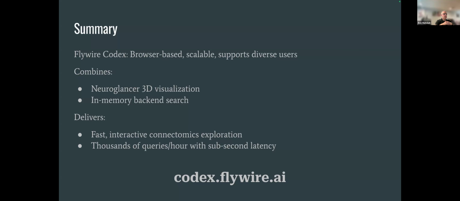There is no bottleneck of a centralized database. That's a design principle that allows us to utilize the resources to the maximum. And you are all welcome to go and explore the Flywire, FAFB, and other connectomes in Codex. The URL is on the bottom of the page.